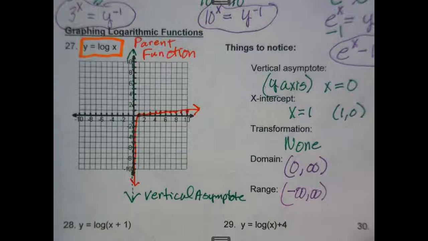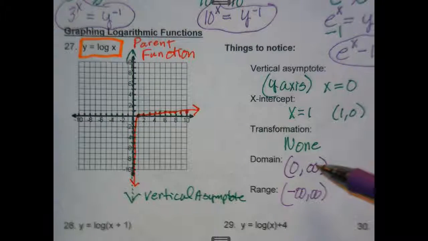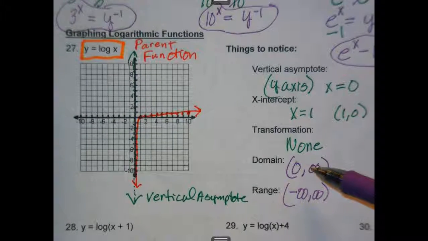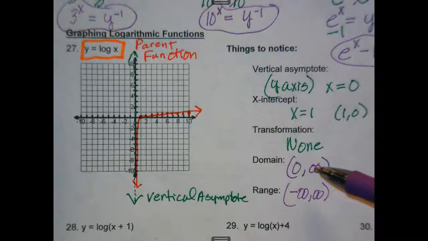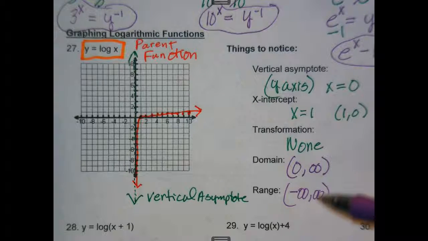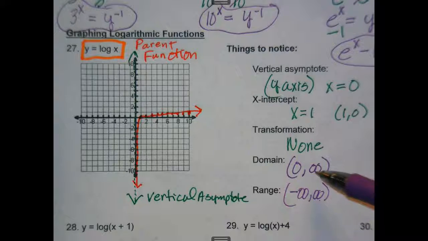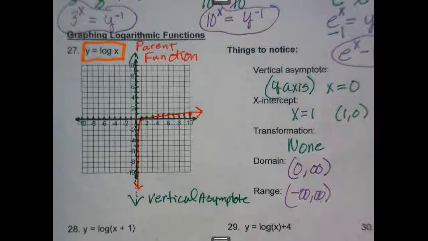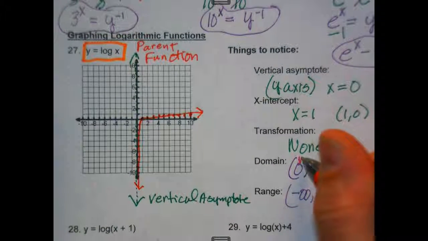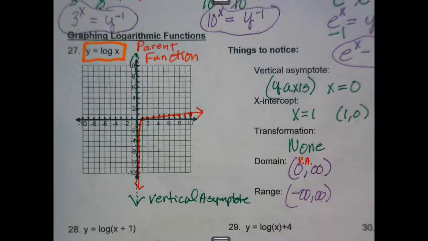I caught somebody saying negative infinity, positive infinity for domain because that was the domain for the exponential functions. And for the range, it was our horizontal asymptote, comma, infinity. So because they undo each other, guess what happens to our domain and range? They switch. This is actually our vertical asymptote, comma, infinity.